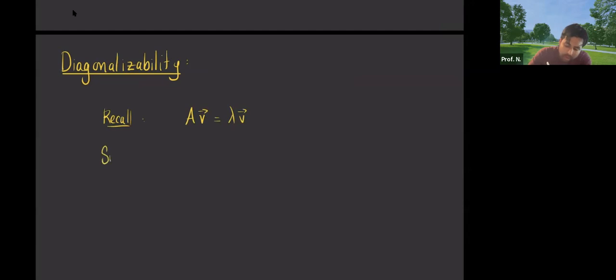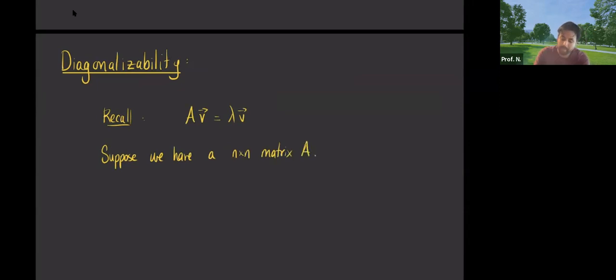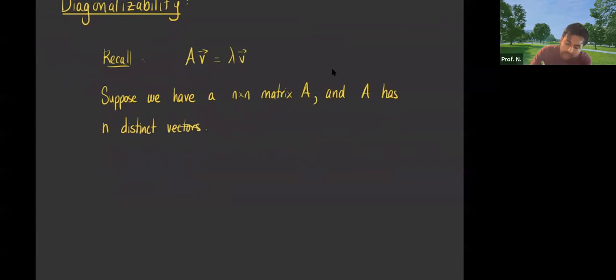So suppose we have an n by n matrix A, and suppose that this n by n matrix has n distinct eigenvalues, lambda 1, lambda 2, all the way to lambda n.